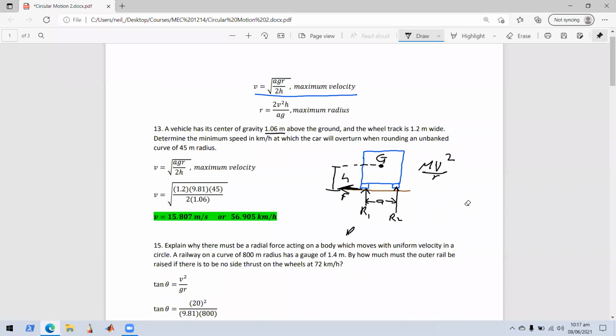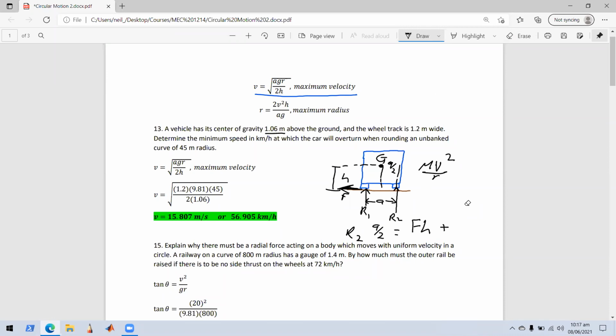R2 times the perpendicular distance from the center of gravity, which is a divided by 2, a upon 2, is equal to F, the centripetal force, times h, the perpendicular distance from point G. Remember, we're taking moments about a point, and it's not the same as taking moments about some horizontal beam or something like that, right?